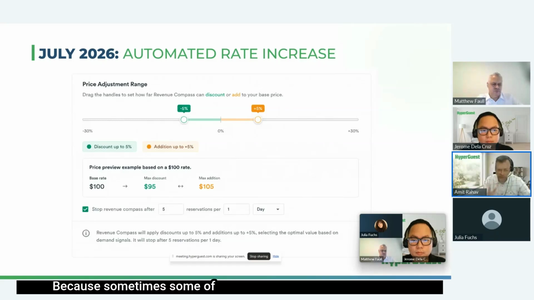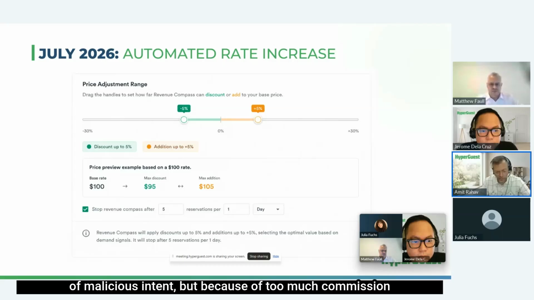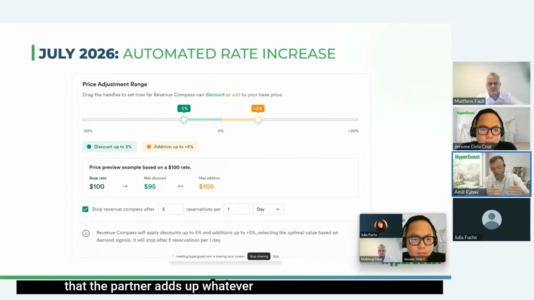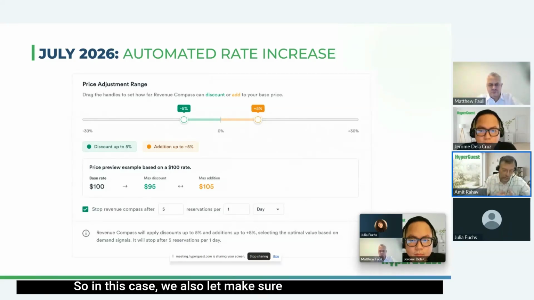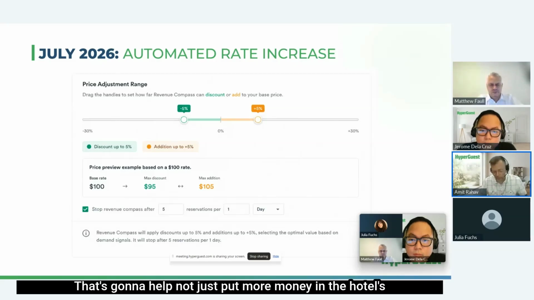Because sometimes some of the rate leakages are not because of malicious intent, but because of too much commission that the partner adds up whatever markup they want to get. They still end up below your bar rate, but they don't even know what your bar rate is. So in this case, we make sure that they get what your bar rate is, and also don't give them 20% when you could be converting them at 15% below bar. And that's going to help not just put more money in the hotel's pocket, but also help the partner not violate bar rate.